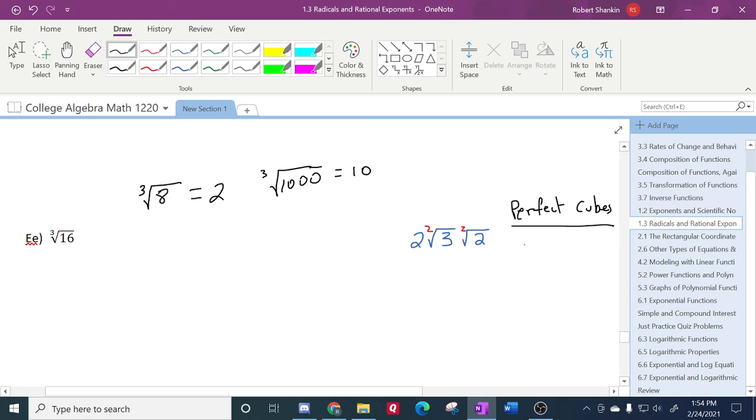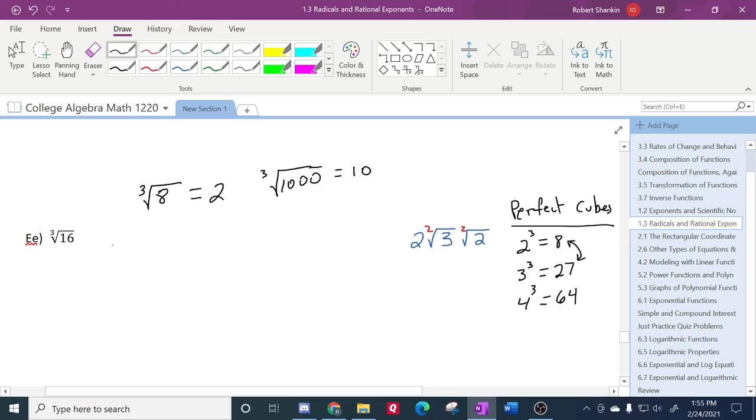Now 1 cubed I'm going to leave off because it stays 1. 2 cubed is 8. 3 cubed is 3 times 3 is 9 times 3 is 27. 4 cubed, 4 times 4 is 16 times another 4 is 64. Now we can see that the cube root of 16 lies somewhere in between these two, because it's going to be bigger than 2 but smaller than 3 is our answer, because 16 is between 8 and 27.